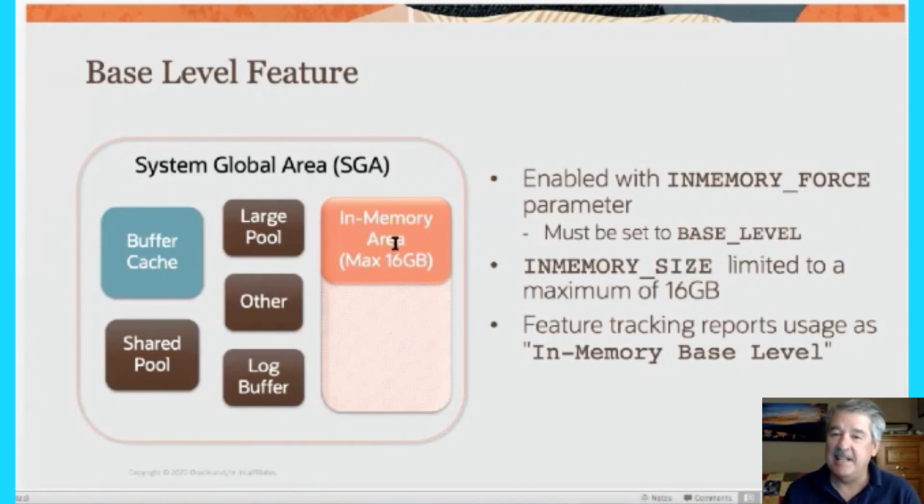Here with the base level feature, you're limited to 16 gigabytes. And what happens is if you set the parameter inmemory_force to base_level, then you're limited to 16 gigabytes or less of inmemory_size. And you can allocate that here. We'll track that as in-memory base level, and so you don't have to worry about having not licensed Database In-Memory as an option.